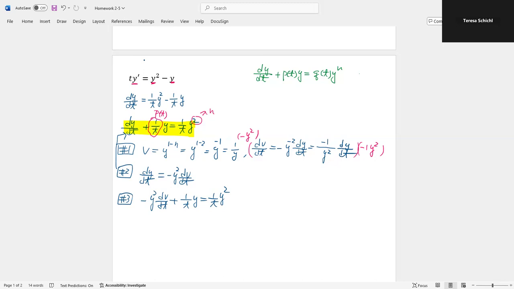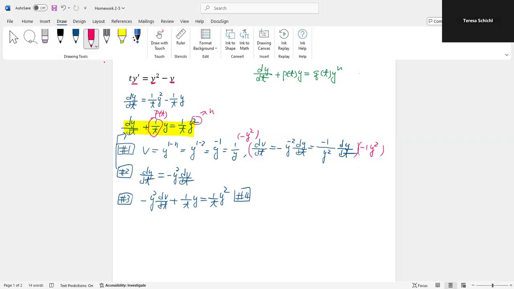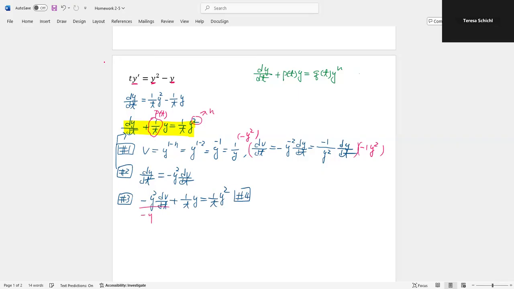And now we need to simplify, so this is step number 4. We want to get dv/dt by itself, so I can divide by negative y squared on both the right-hand side and the left-hand side.